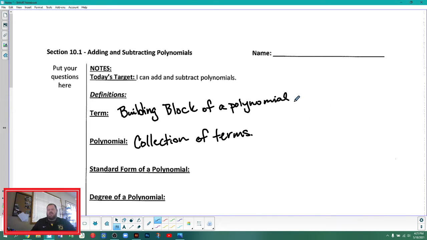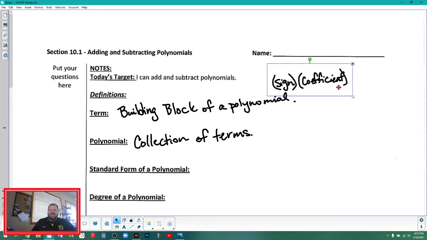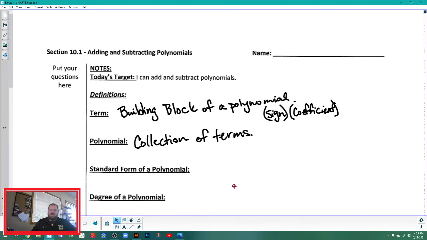I'm actually going to go back and talk a little bit more about what constitutes a term. It's built from a sign, a coefficient, a variable, and an exponent.